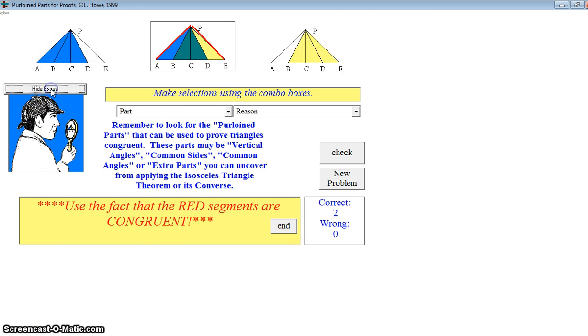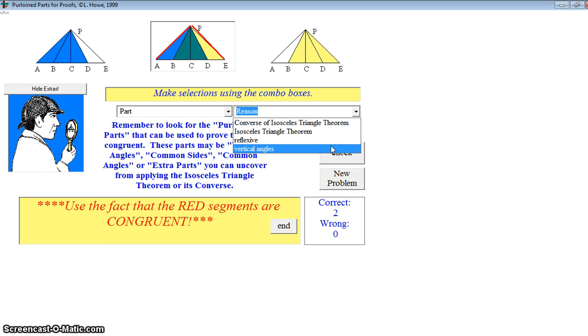Let's take a look at the two parts together. We need to make a decision about what the tough part to see will be here. Very often your triangles will be delivered to you in an overlapping way. Do we have any vertical angles here?